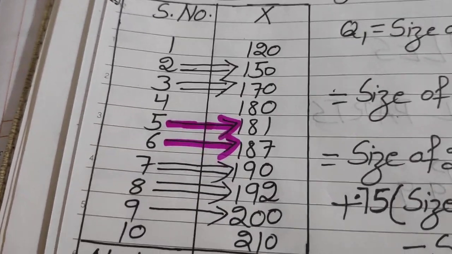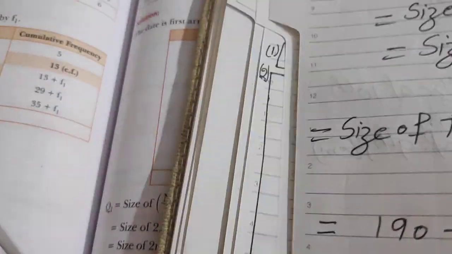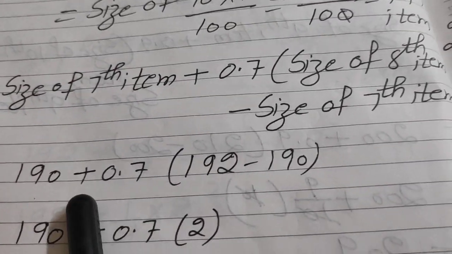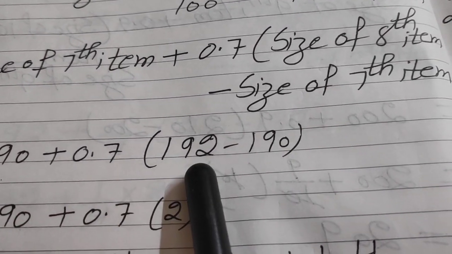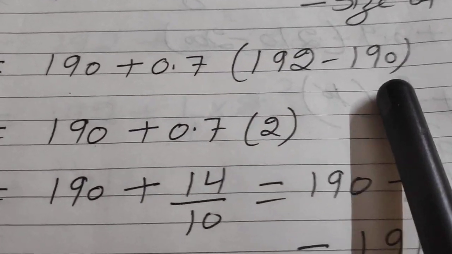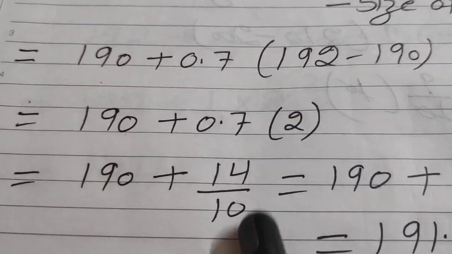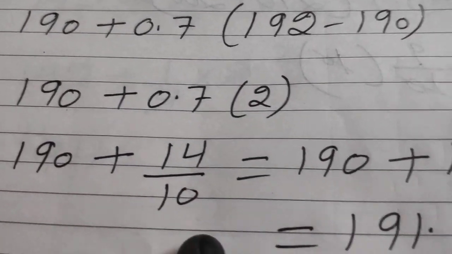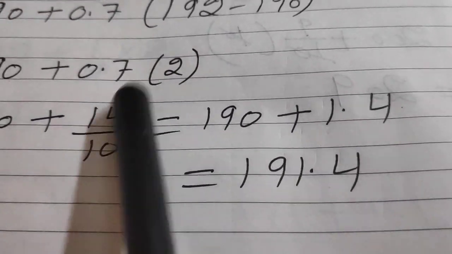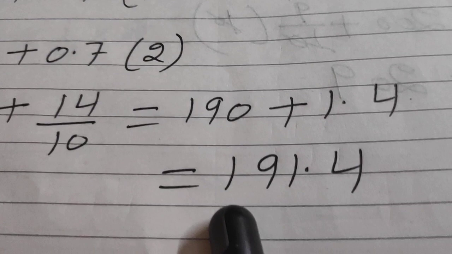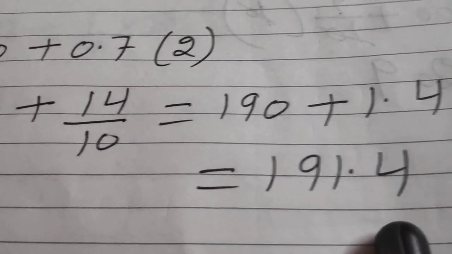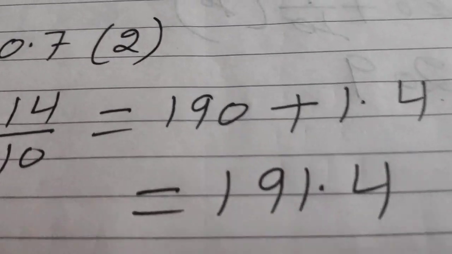Now putting both these values, size of 7th 190 plus 0.7, size of 8th is 190 minus 190. Now by calculating we arrive at this value 190 plus 14 by 10. 14 by 10 means 1.4 and value comes to be 191.4. Answer of P70 is 191.4.